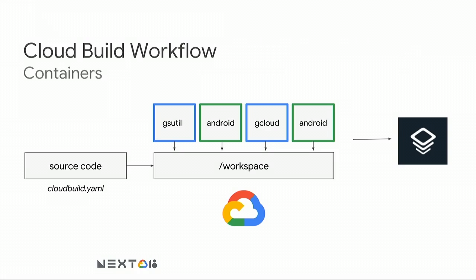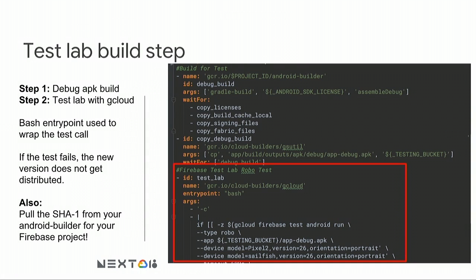Yeah, and so here's our workflow again. Okay, so the Test Lab build step is interesting. So here is where I had to use the bash notion of, I'm running gcloud, but I'm going to wrap it in some bash to make sure, because the Test Lab command in gcloud doesn't give me a good status exit code when tests pass or fail.